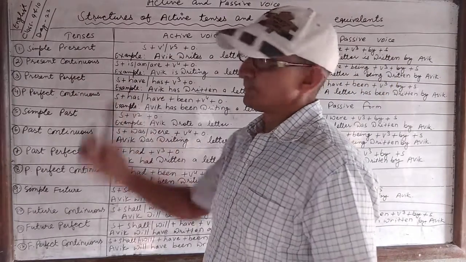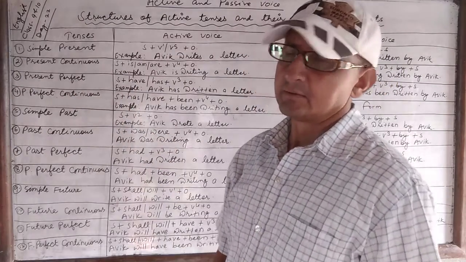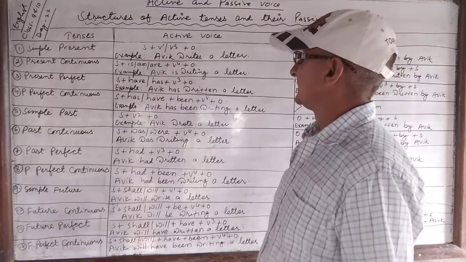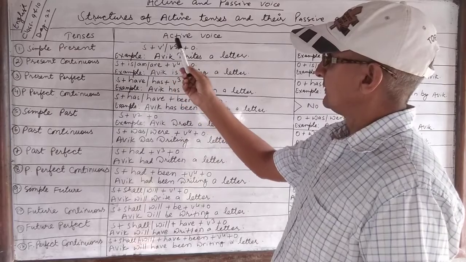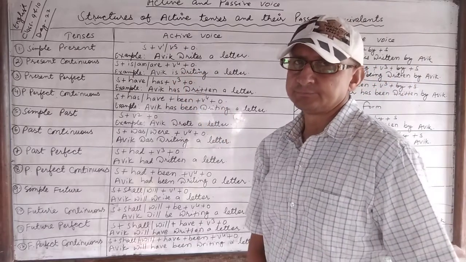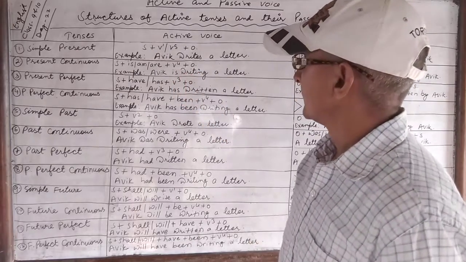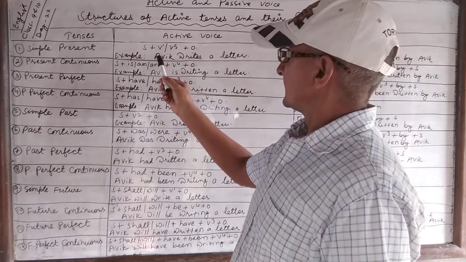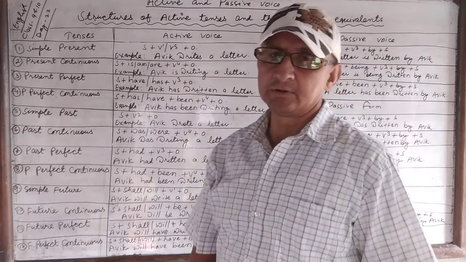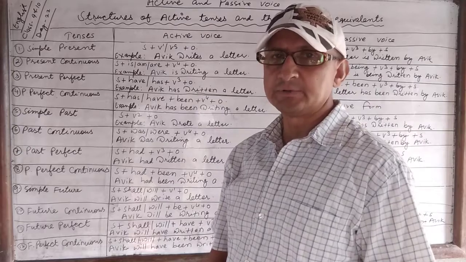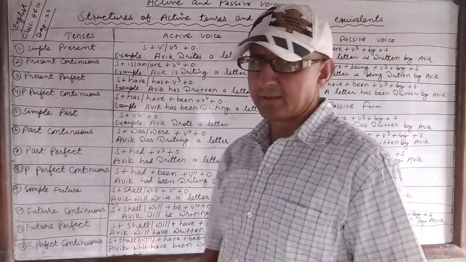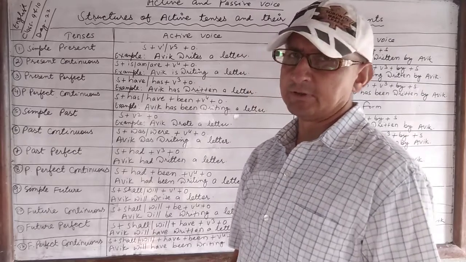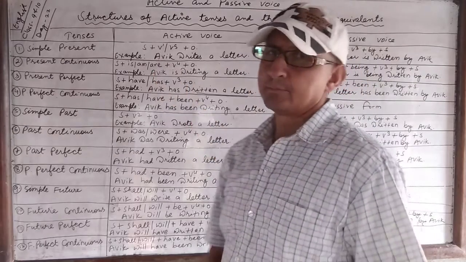First, simple present tense. The structure of simple present tense is subject plus V1 or V5 plus object. With the singular subject, you have to use V5. With the plural subject, you have to use V1.